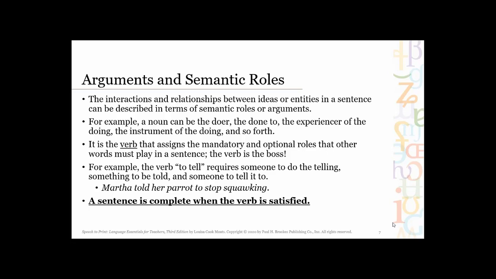The verb is totally the boss. For example, the verb to tell requires someone to do the telling, something to be told, and someone to tell it to. So a sentence is not complete until the verb is satisfied. Remember, the verb is the boss.